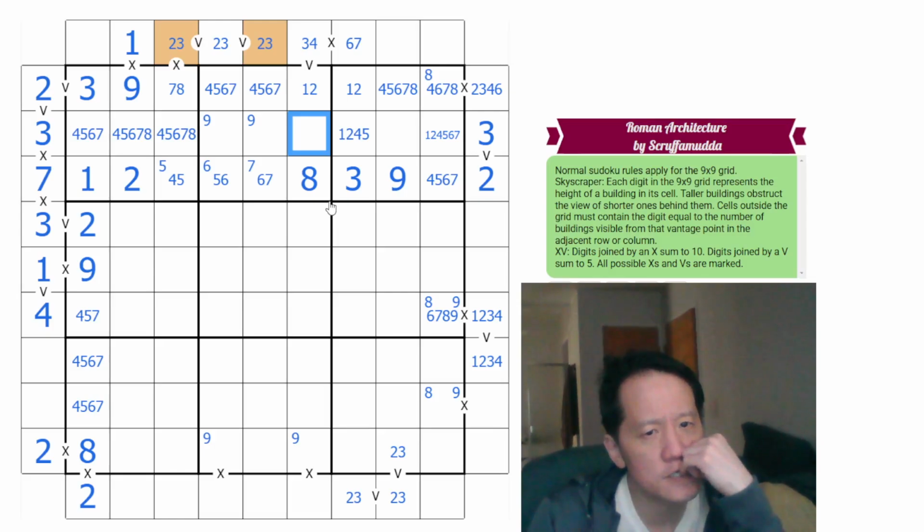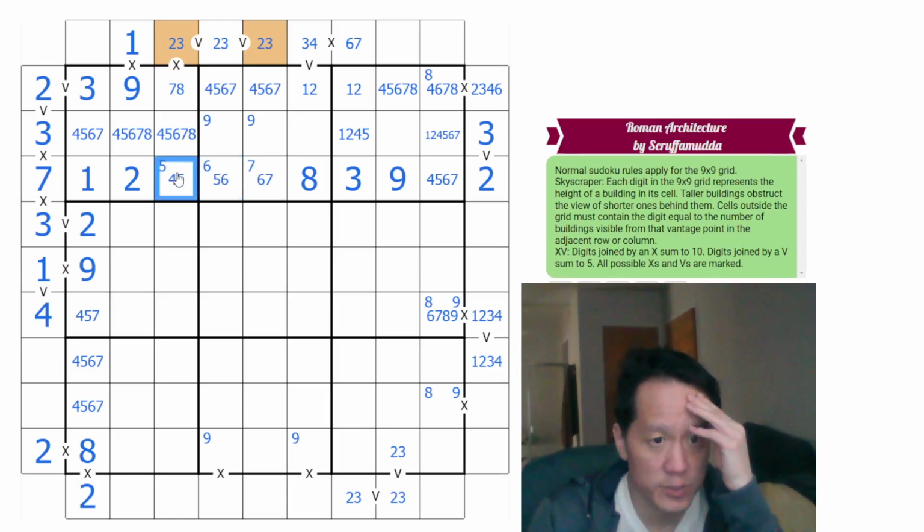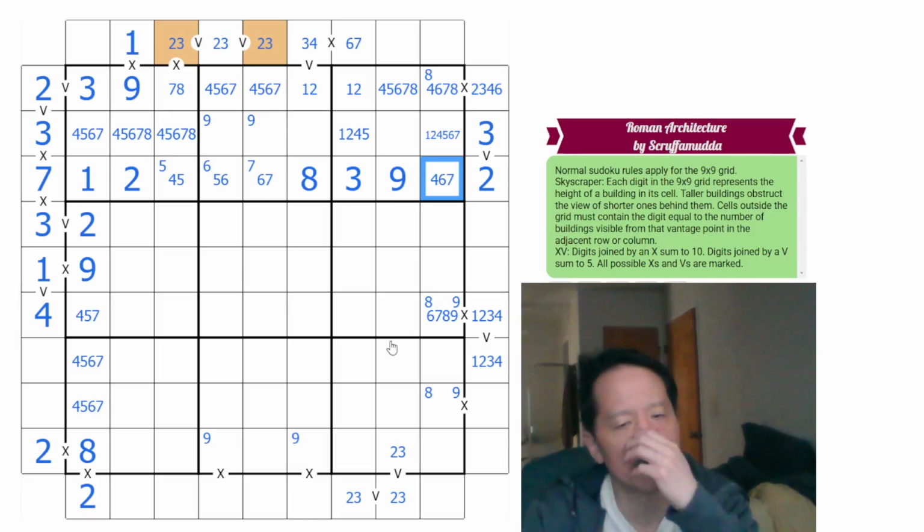If this was 6, this would have to be 5, because it can't be 4 and 6, because that would add up to 10, but there's no X between them. So if this is 6, it has to be 5. If this is 5, it has to be 4. So if this is 6, this is 5. If this is 5, this is 4. Either way, there can't be a 5 here.